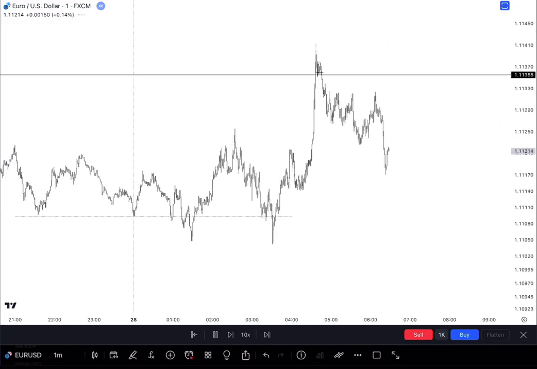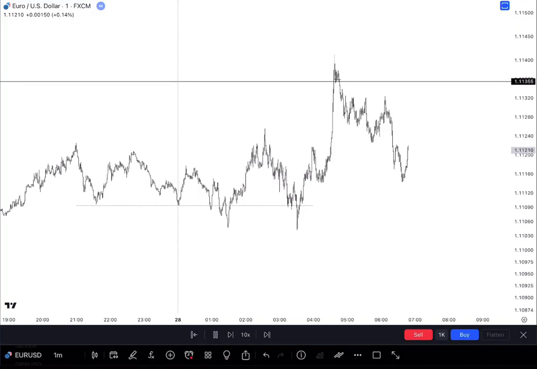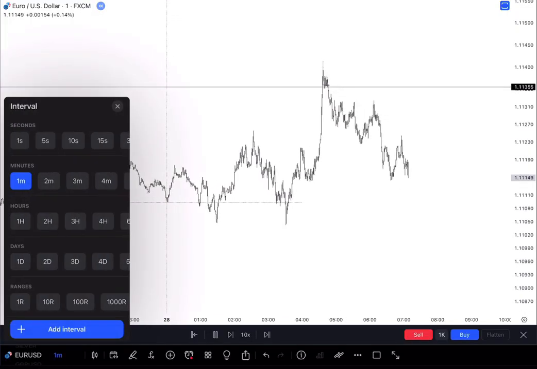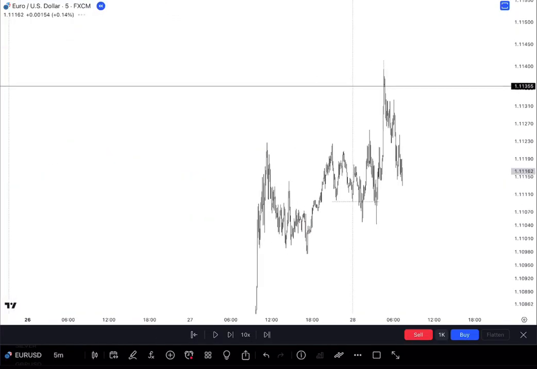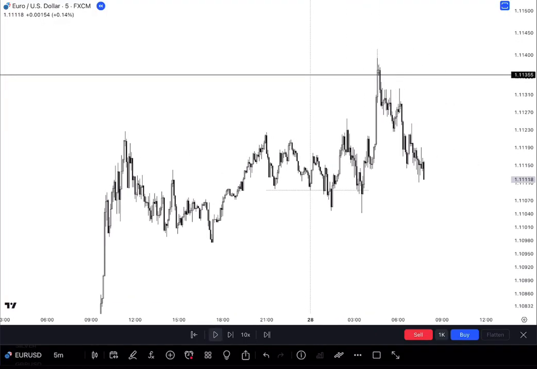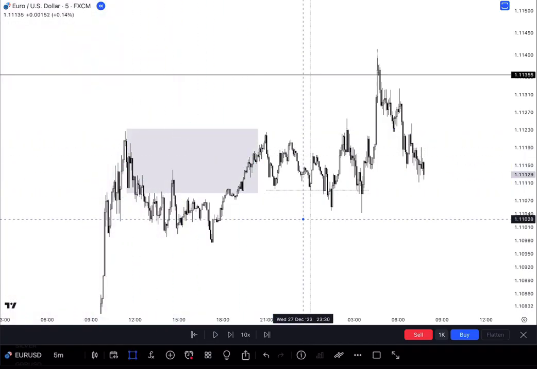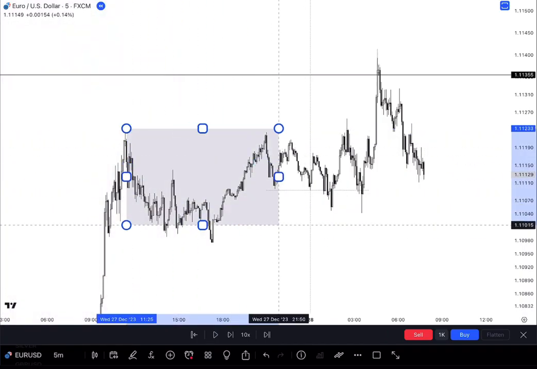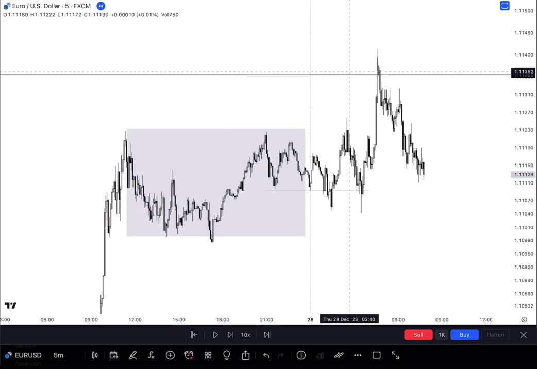That is real accumulation, manipulation, and distribution. Not a pattern, a logic. Manipulation into a key level and then distribution after closing below that candle, remember? So it's not some random ambiguous method.